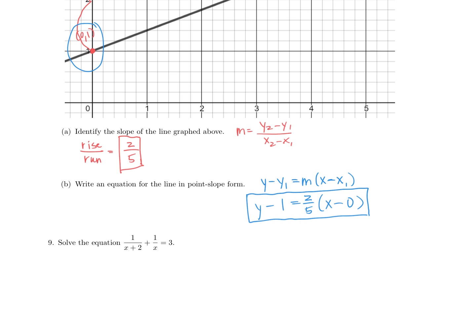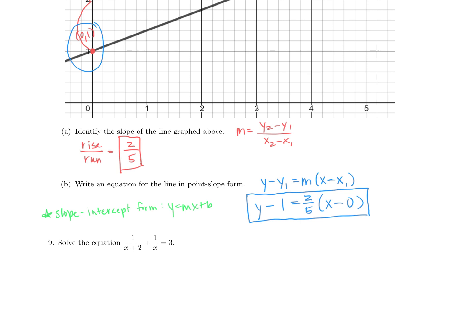So make sure you memorize the different forms of the lines. This could have also asked for it in slope-intercept form. If they wanted it in slope-intercept form, that's y equals mx plus b, where b is the y-intercept.